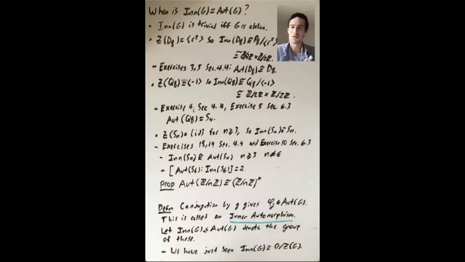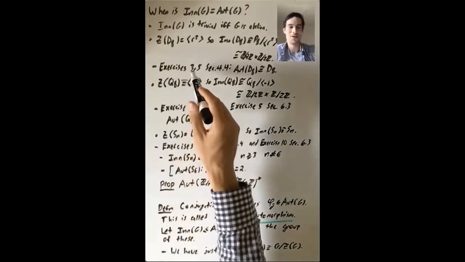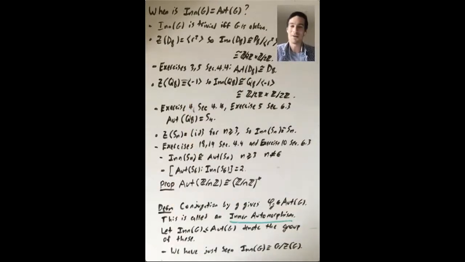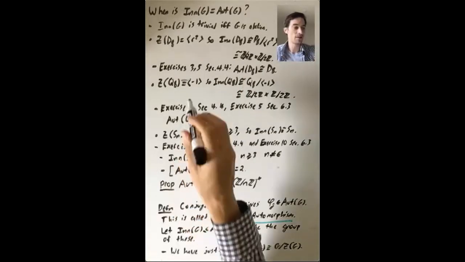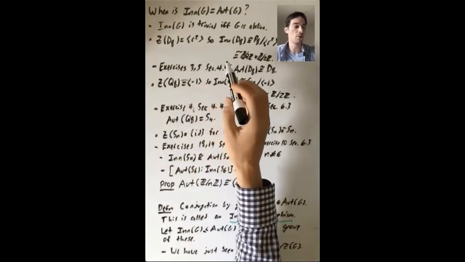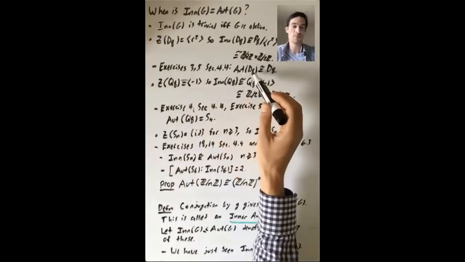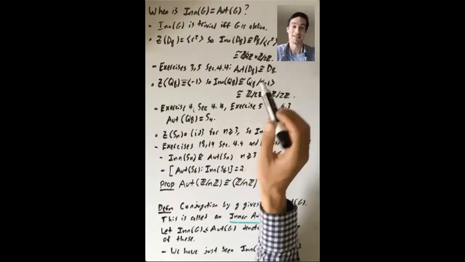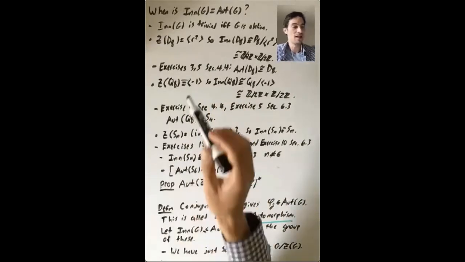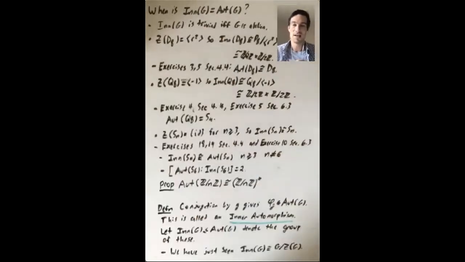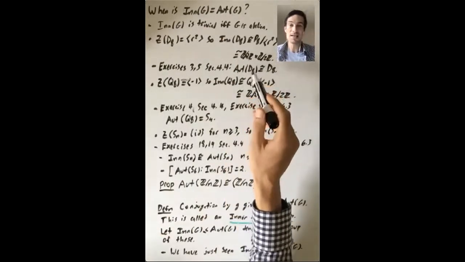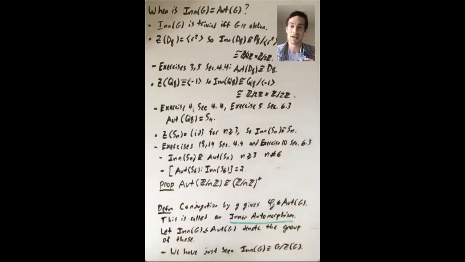So what about the whole group of automorphisms? Dummit and Foote work out a bunch of groups of automorphisms in the exercises. So exercises 3 and 5 together in section 4.4 show that the automorphism group of D8 is isomorphic to D8. So that means that the group of inner automorphisms is not the whole group, that there are some automorphisms of D8 that don't come from conjugating by an element.